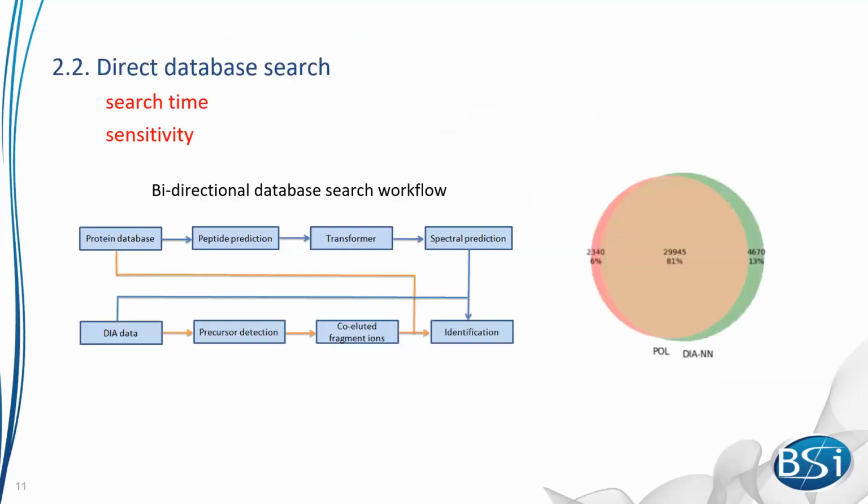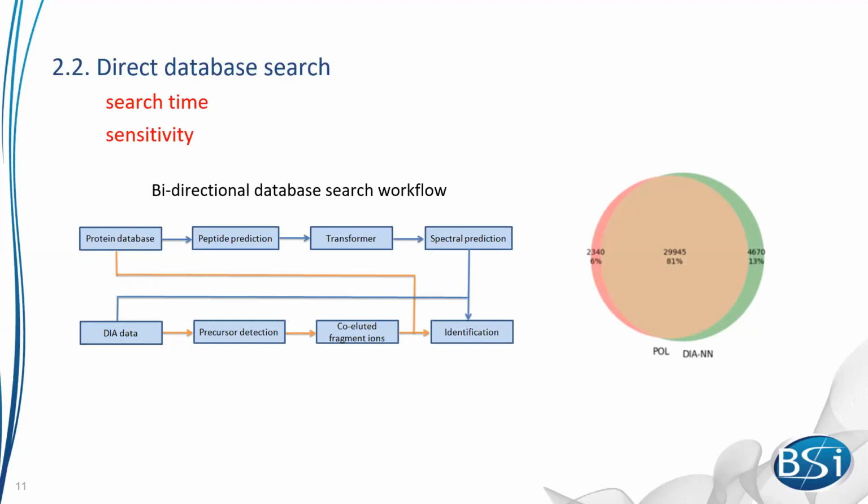The second one is direct database search. During our research, we encountered two major challenges. One is search time, another one is sensitivity. The search time is an issue because normally for each proteomic database and a given enzyme, there is a huge number of possible peptide features which could be observed in the data.